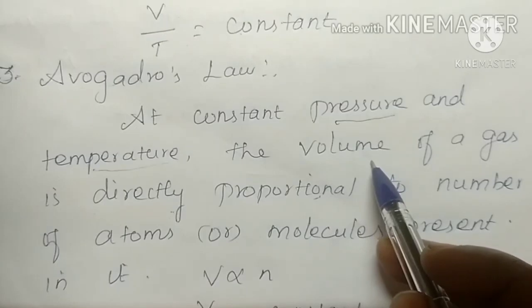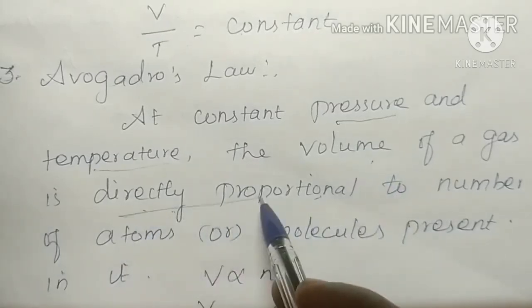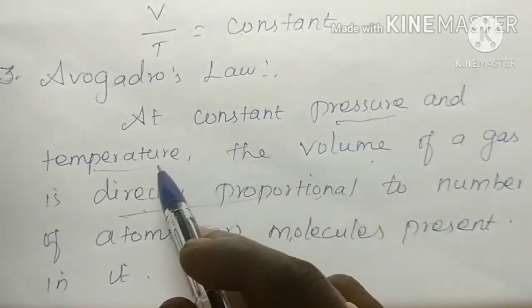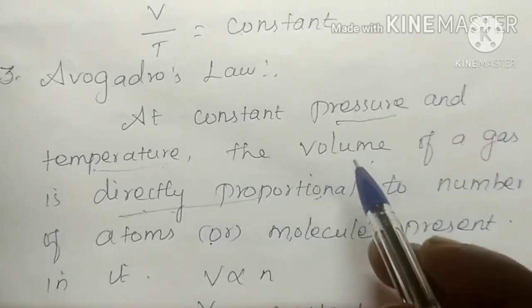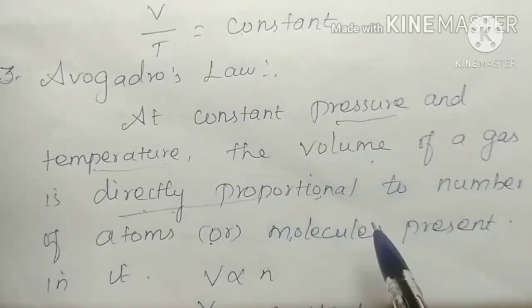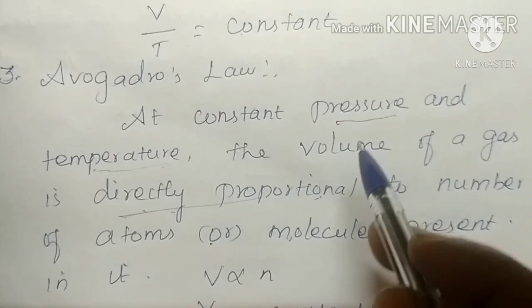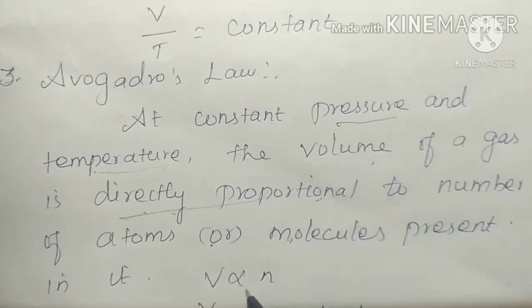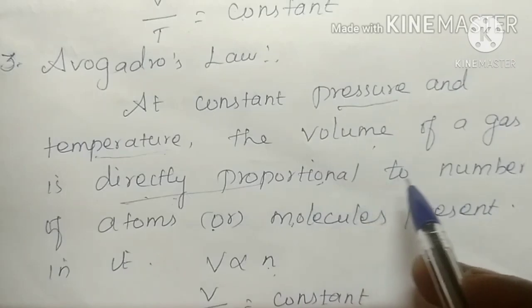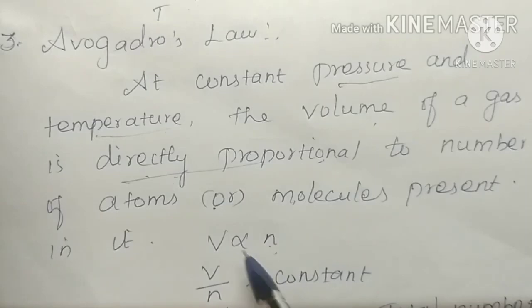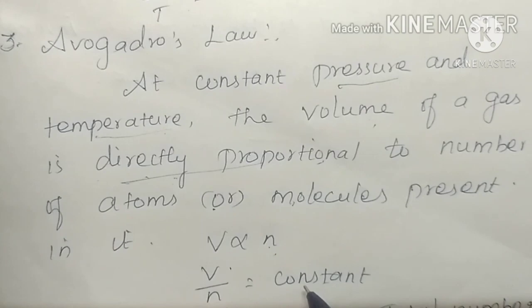In these two conditions, pressure and temperature, you have to keep them constant. So, V is proportional to N. Here N denotes the number of atoms or molecules. And here V by N is equal to constant.